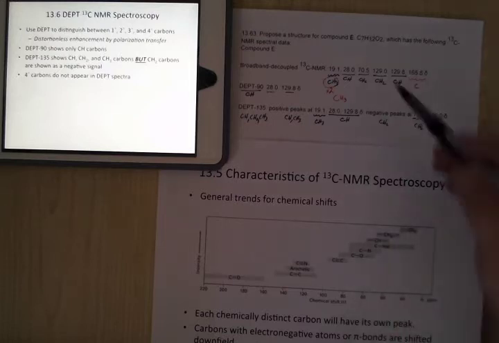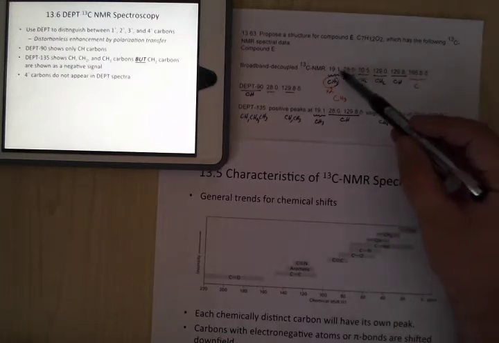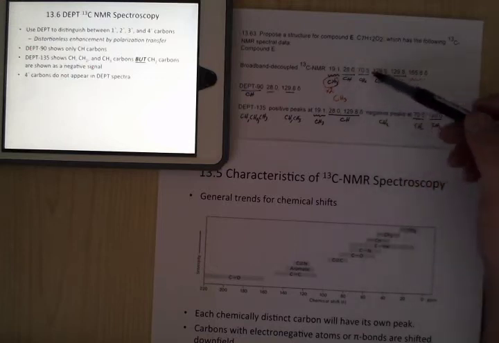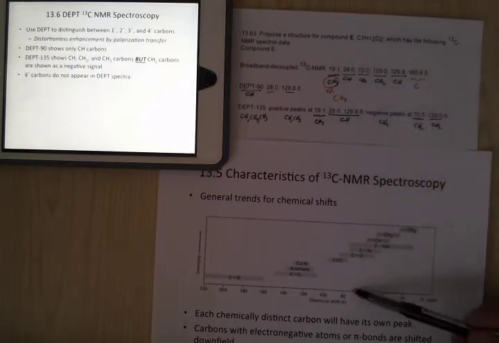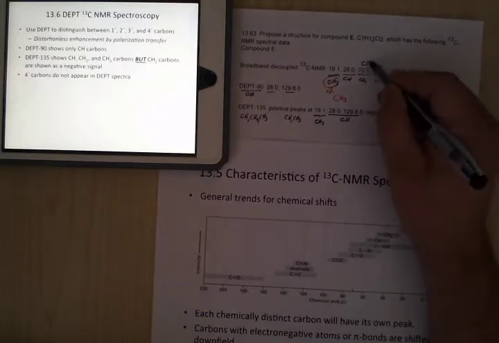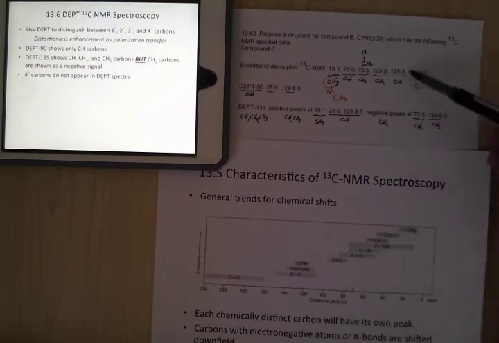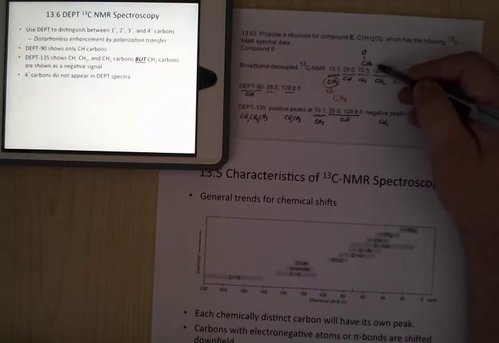So these are probably connected to just carbons, nothing electronegative. Now this one at 70 is probably a CH2 connected to an O, because it comes right in the middle of where the COs usually show up. This one and these 129s.